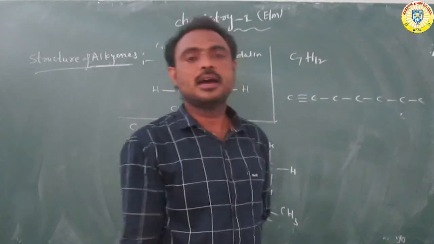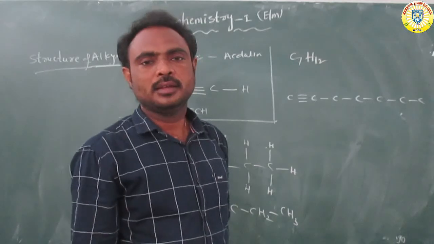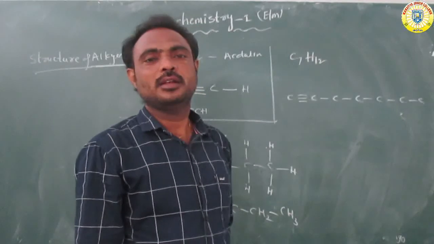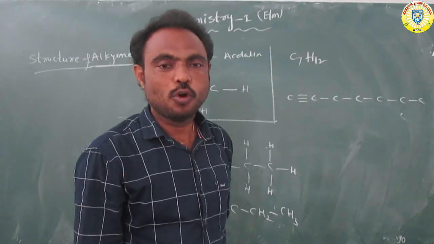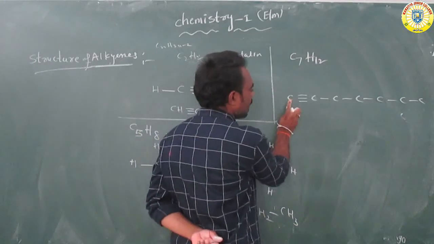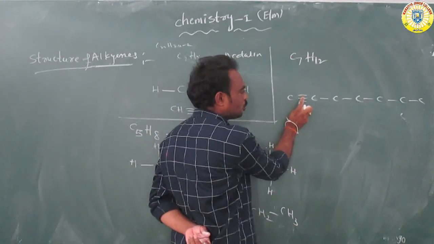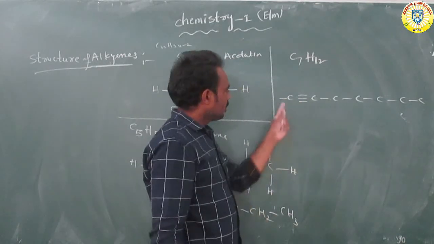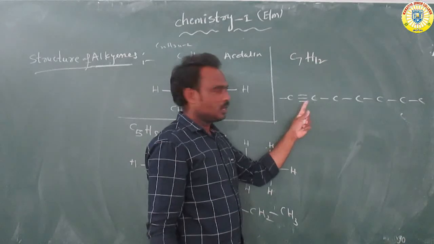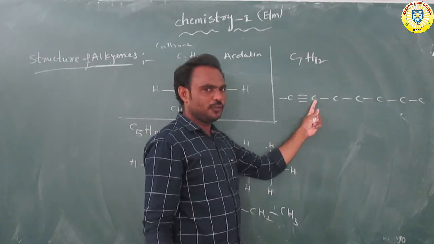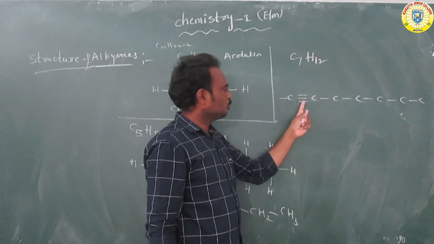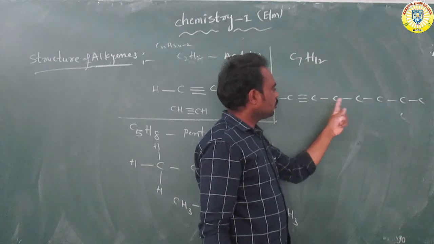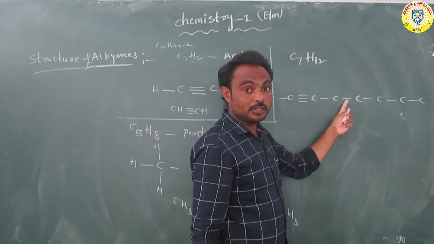First we write the triple bond, then we arrange the hydrogens. Already we know that each carbon contains a total of 4 bonds. This carbon has 1, 2, 3, 3 bonds, remaining 1, so 1, 2, 3, 4, it is fulfilled. This carbon has 2 bonds, remaining 2 bonds.